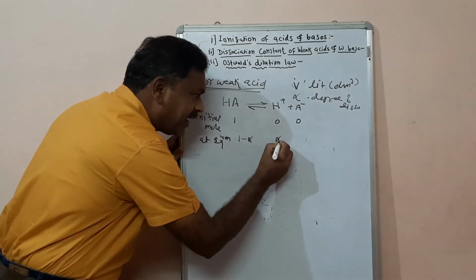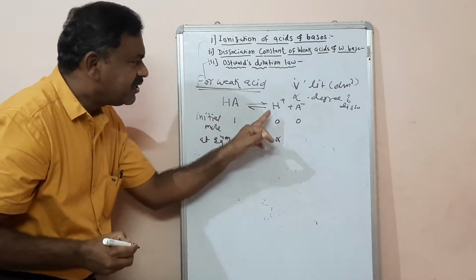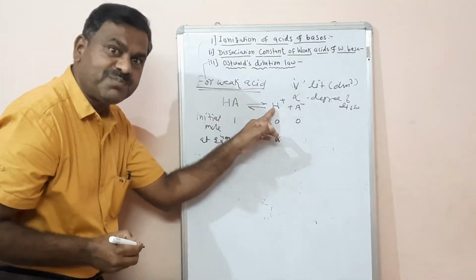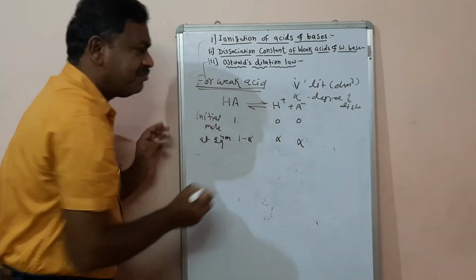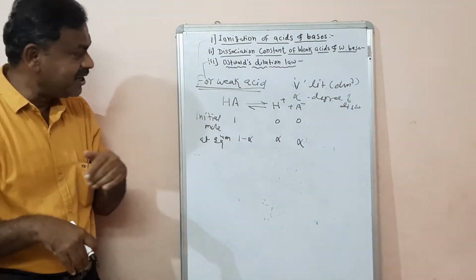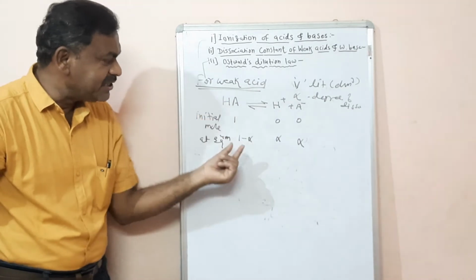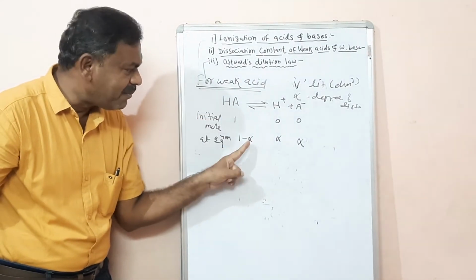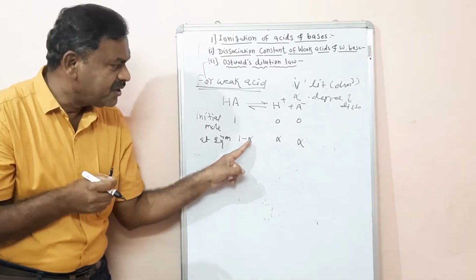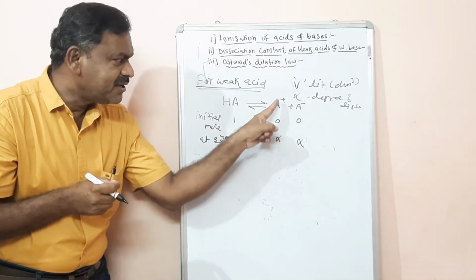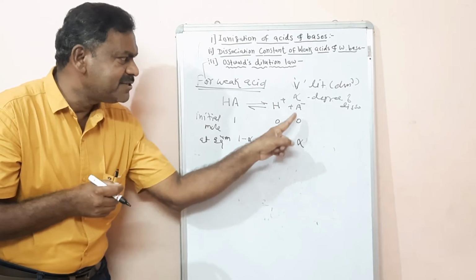Alpha is the degree of dissociation, so alpha is the amount of H plus, and the same for A minus. At equilibrium, HA is 1 minus alpha, and alpha is H plus and alpha is A minus.